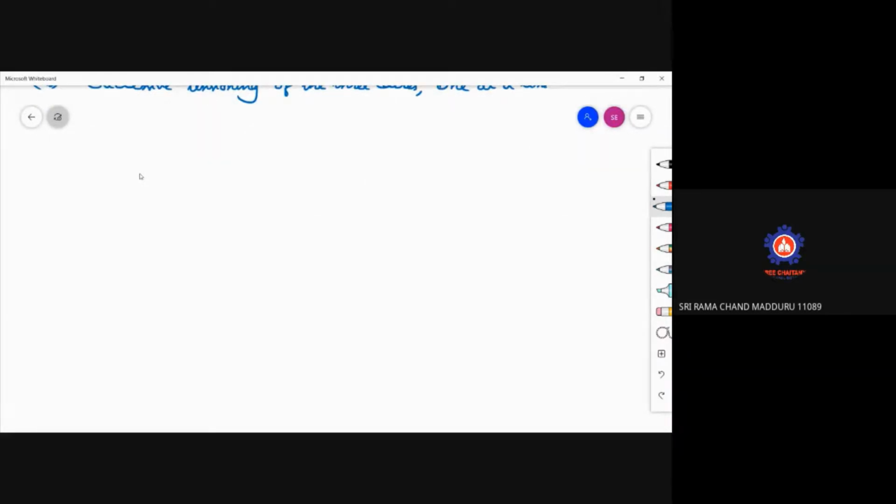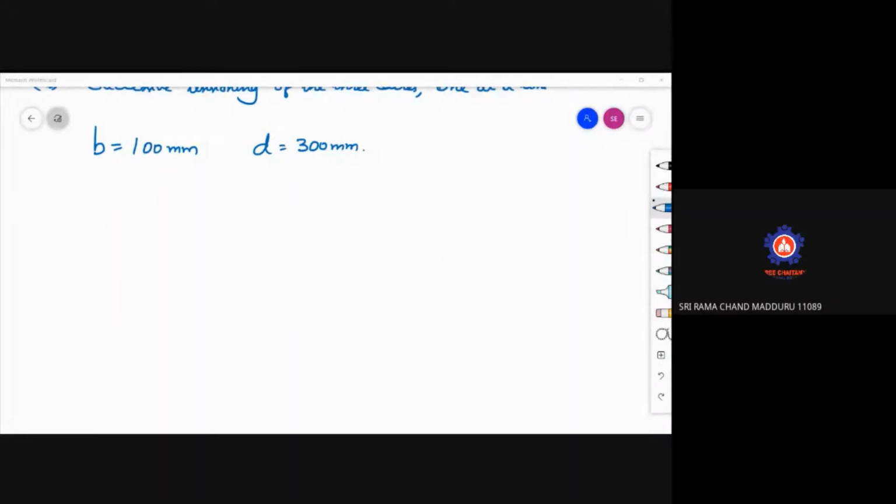First one, width of the beam, B is equal to 100 mm. Then what is the next? Depth of the beam, D is equal to 300 mm. So the cross-section area of each tendon. Somebody has unmuted themselves. Please mute yourself.